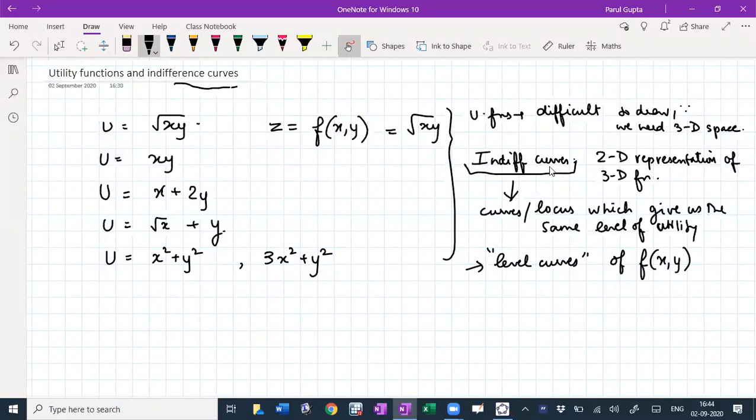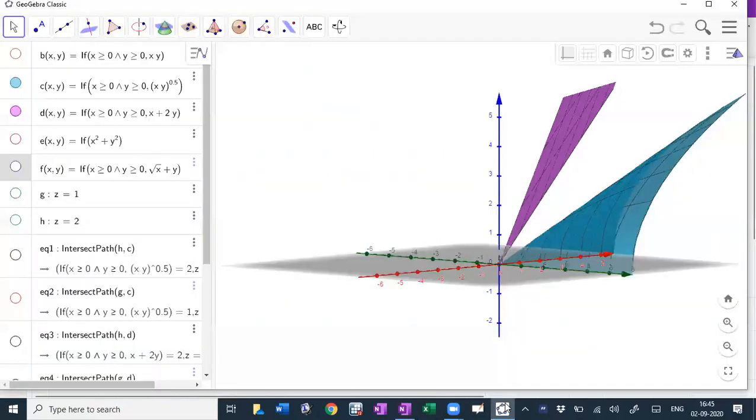Same level of utility means if two bundles give you the same level of utility, you are indifferent between those bundles, which we have already defined through our preference ordering. So indifference curves connect all the points which give me the same level of utility from a given utility function. Let's also see this graphically, and then we will come back to this.